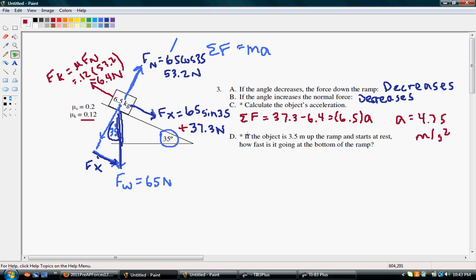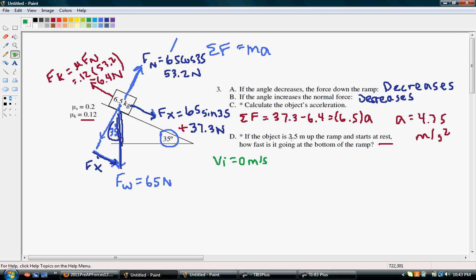If the object is 3.5 meters up the ramp and it starts at rest, it's a clue there, how fast is it going to be going at the bottom of the ramp? So we know a few things. We're going to have to use the kinematic equation. We know since it started at rest, our initial velocity is 0 meters per second.